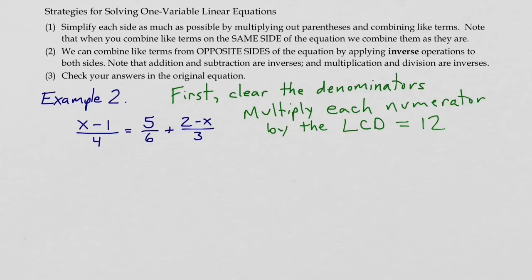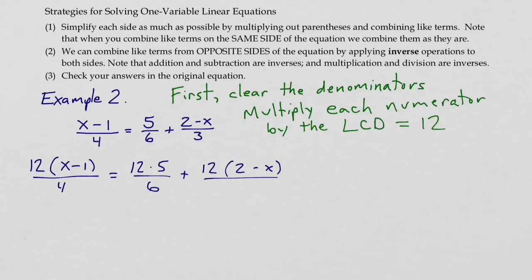For the numerators that have more than one term, I need to put the terms in parentheses, so I get 12 times (x minus 1) over 4, 12 times 5 over 6, and 12 times (2 minus x) over 3.